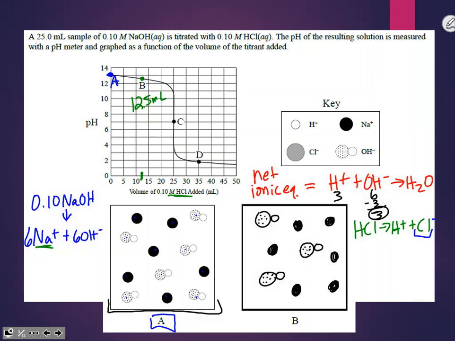Now the other thing to consider is there's one other chemical species, an ion, that's floating around in there. What is it? Who can tell me? Yes, it is the chloride. Because if you think about it, if you added 3 of the H's, how many chlorides do we have to have in there?